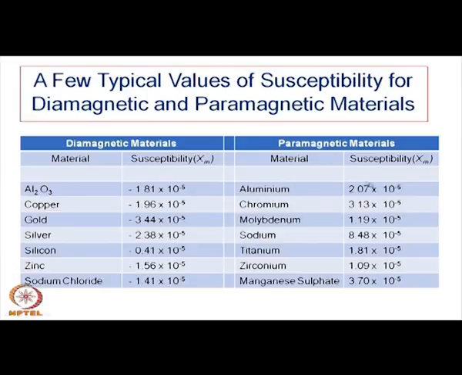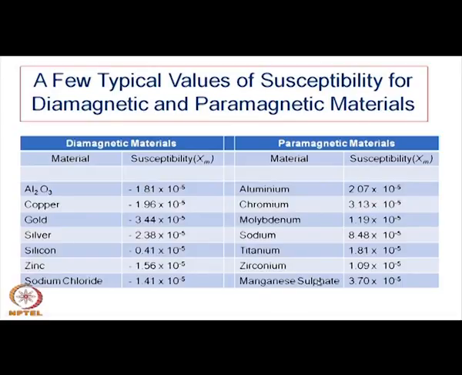Here on the other side, the paramagnetic materials are another set of elements, and also some compounds, like aluminum, chromium, molybdenum, sodium, titanium, zirconium. As you can see, the susceptibility in both cases is of the order of 10 to the minus 5, whereas one is positive and the other negative, otherwise they have a certain amount of similarity.